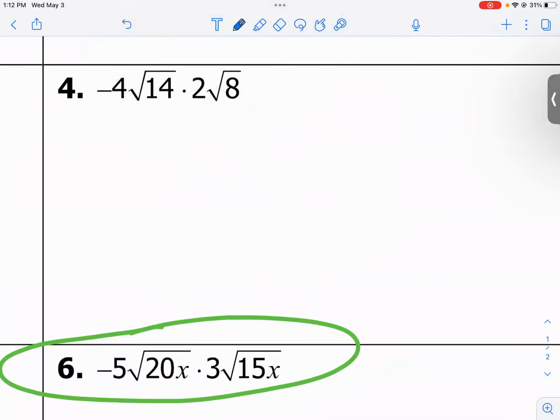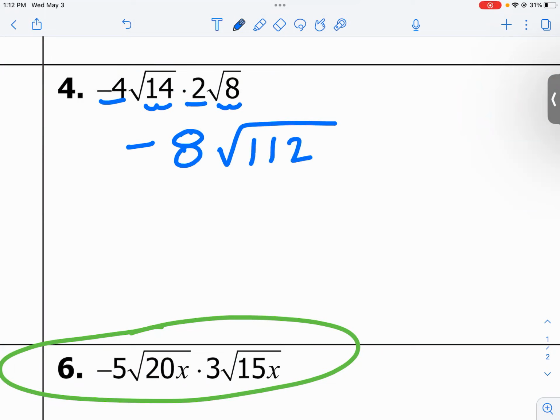All right, if you're not the blue group, you're writing this down as they explain it. Blue group, what do we do? Okay, so what do you get when you do that? -8 and then radical 112. Is everyone okay with how they got -8, radical 112?